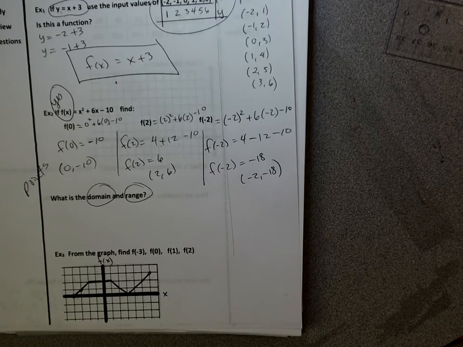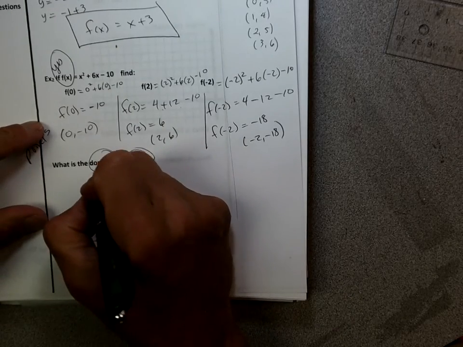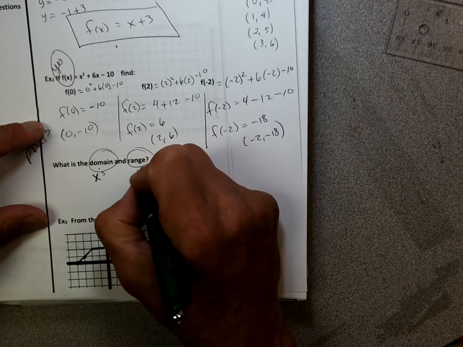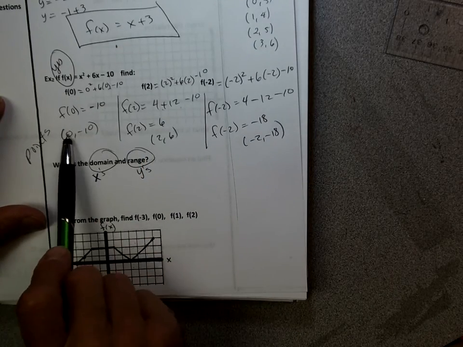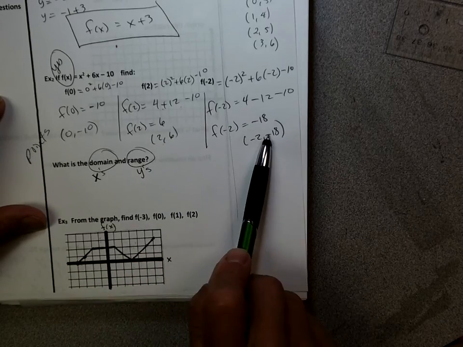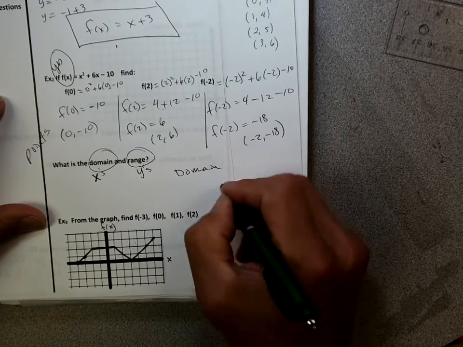So let's back up a couple of days. What I told you is the domain were all the x values. So the domain are the x's, right? And the range is the y's. So in this example, our domain is 0, 2, and negative 2, okay?